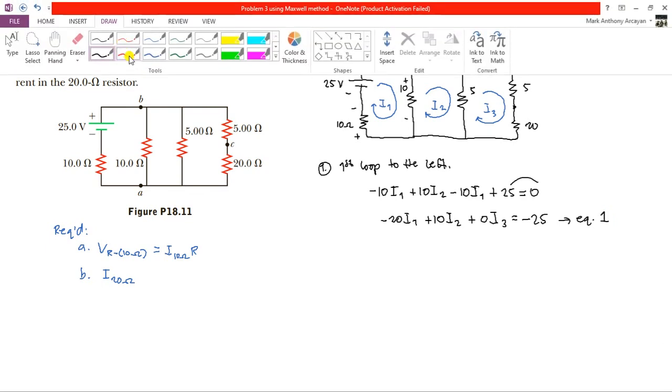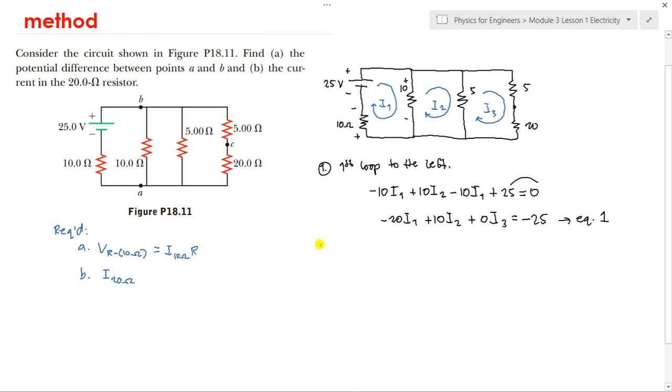Now, the second equation. We're going to proceed to the second loop. In the second loop, we only have 2 resistors here, the 5 ohm and the 10 ohm resistor. Let's start with the 5 ohm resistor.